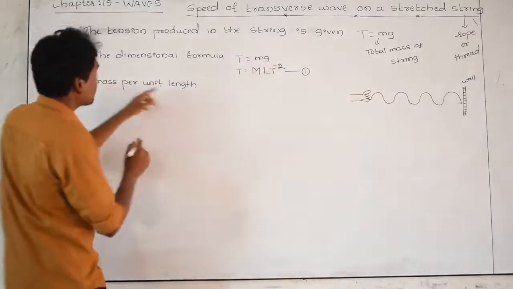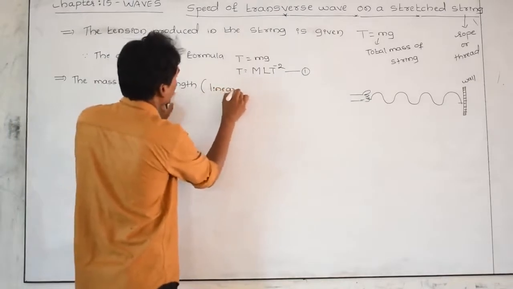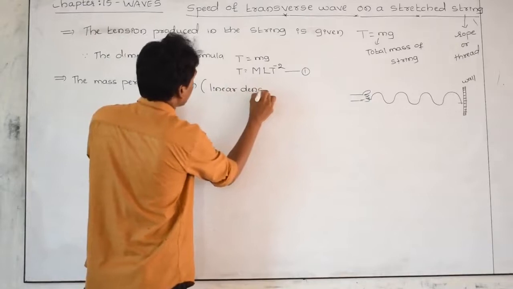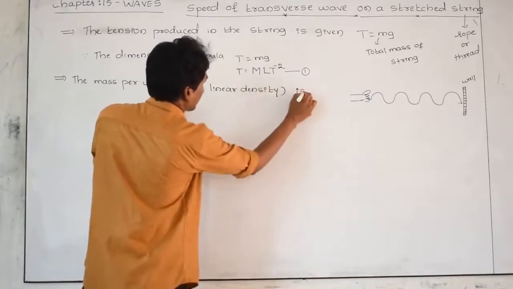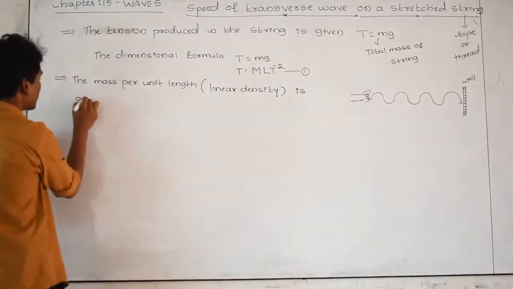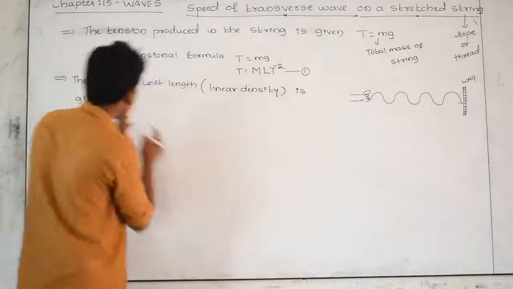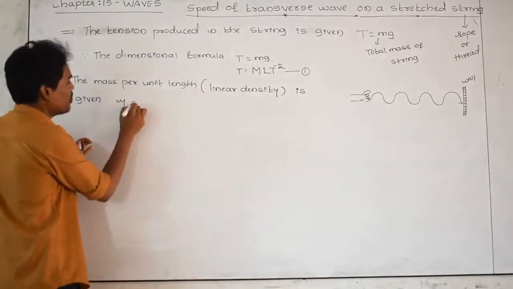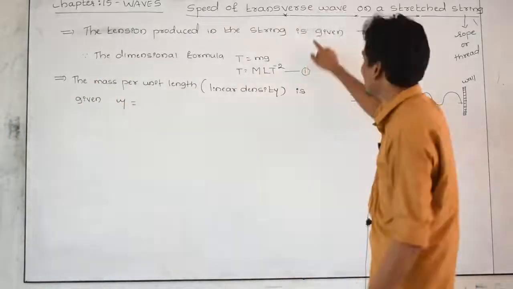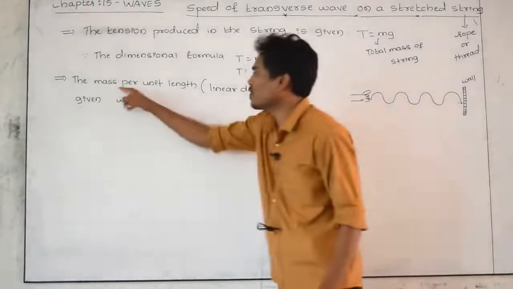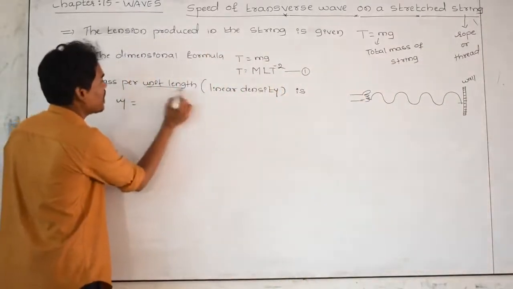Therefore, the mass per unit length is also called linear density. What is the meaning of this? Linear density is given by the formula as mass per unit length, indicated as mu. Before going to this, what is the difference between m and mass per unit length? You know very well, per unit length means 1 meter.